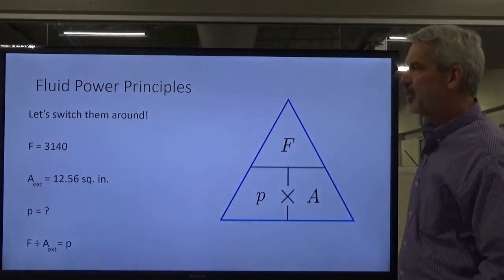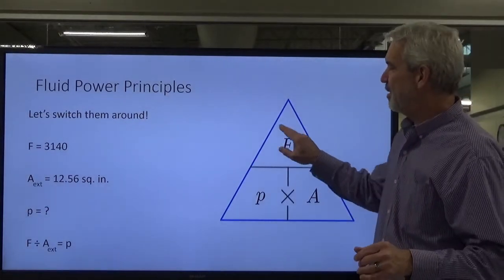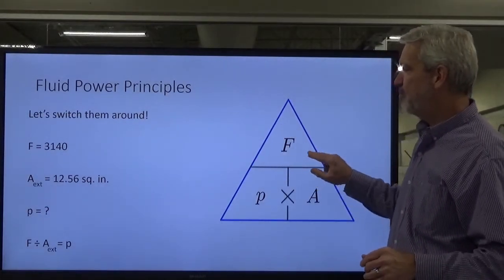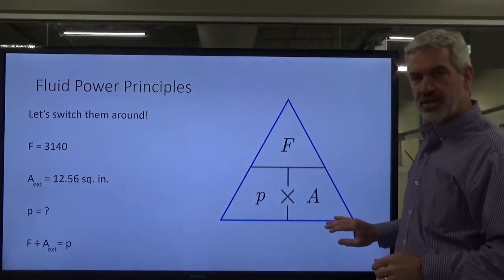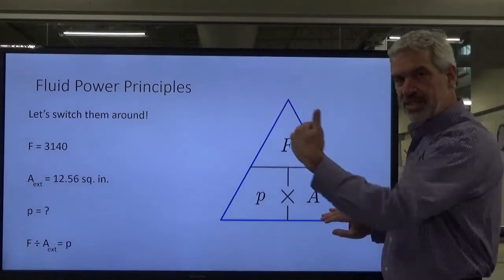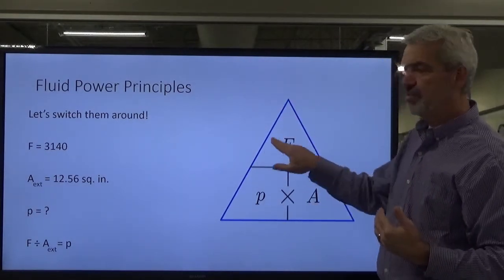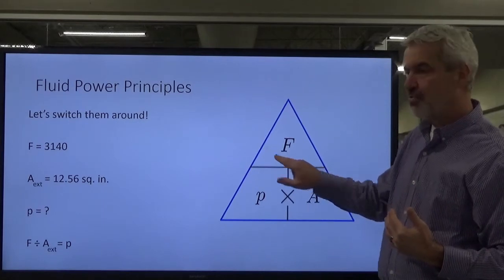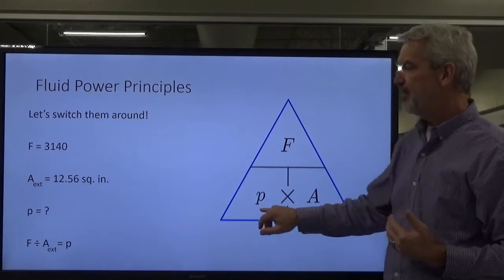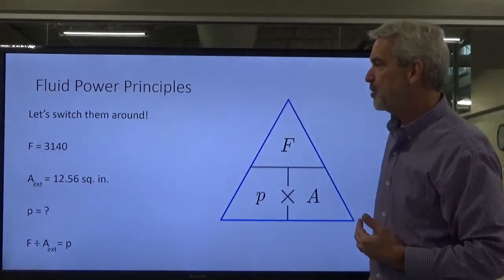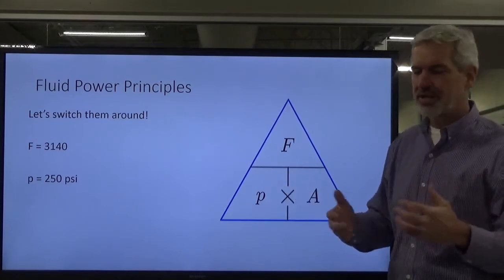Now let's switch them around just a little bit. If we know our force of 3,140, and we know that we have an area of 12.56 square inches on that extend side of that piston, then what pressure are we going to need to be able to move that 3,140 pounds with that size of cylinder? Well, we just divide the force by the area, and we wind up with a working pressure needed of 250 pounds per square inch, just like I showed you earlier.